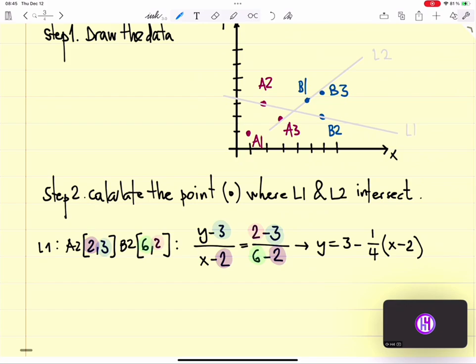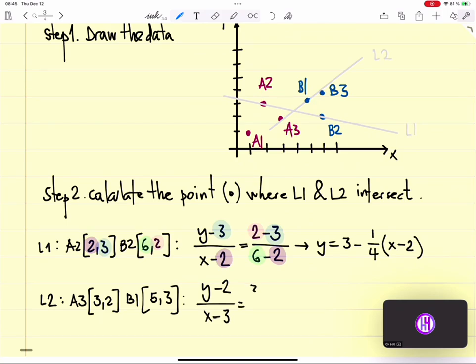And then the second goes through A3, which is 3, 2, and B1, which is 5, 3. So it's y minus 2 divided by x minus 3 equal 3 minus 2 divided by 5 minus 3.